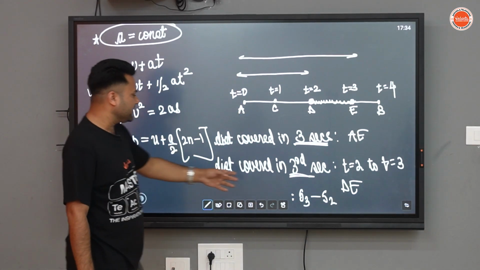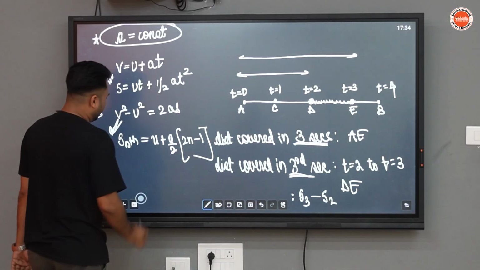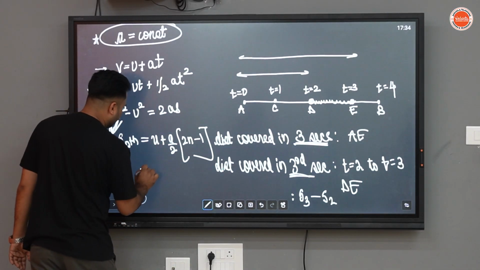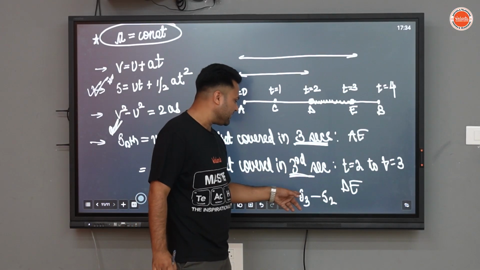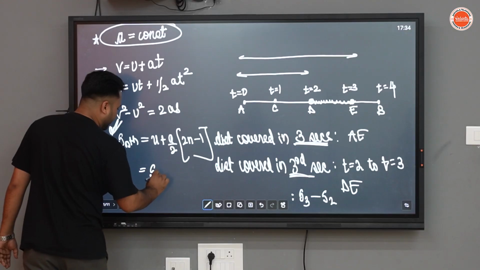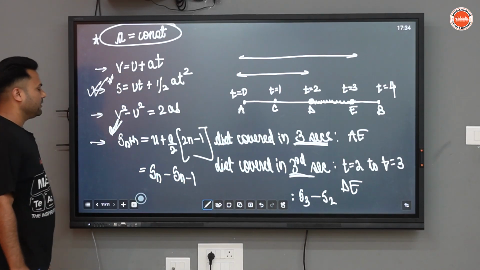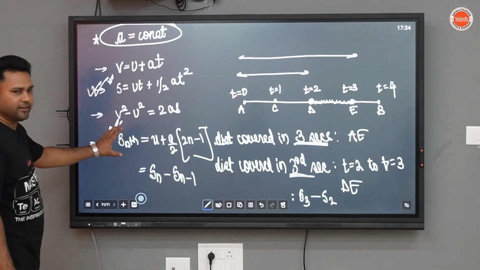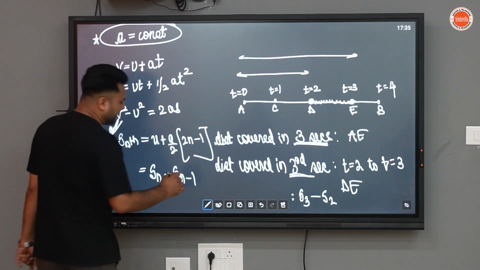Okay. So S3 minus S2 means this formula I can make, S nth, one more formula you can make, like S third was S3 minus S2. So S nth will be Sn minus S(n minus 1). First you write, I will again tell you. See what I am saying.